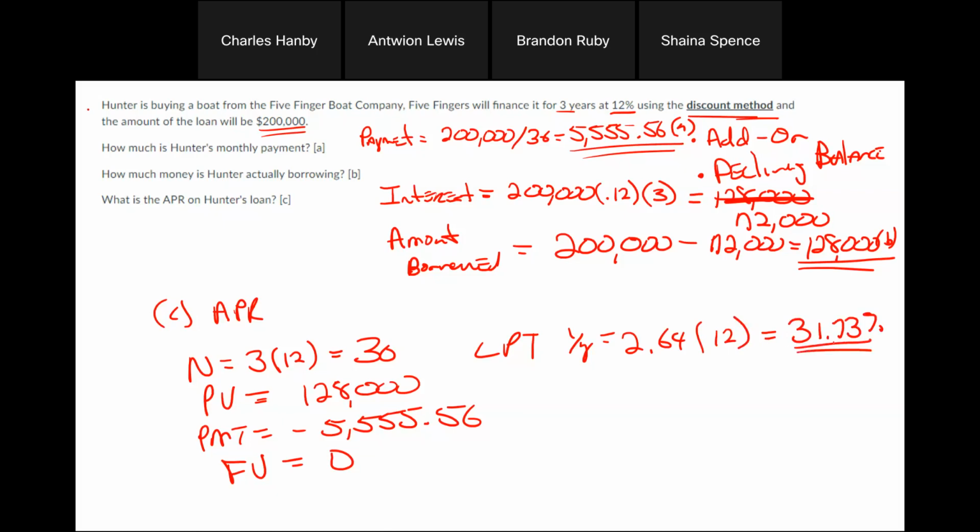So the actual rate on the loan was 31.73, but the stated rate on the loan was 12%. Any questions about the discount method?